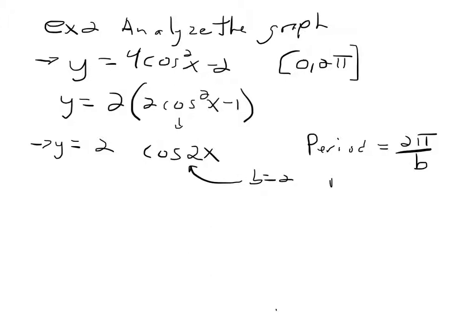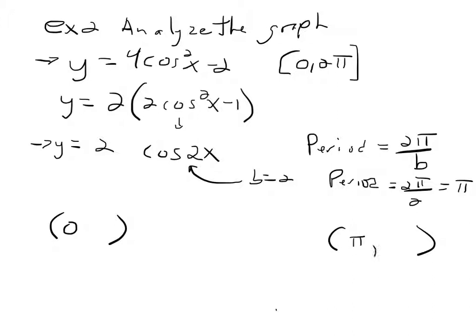So that means that my new period is 2 pi over 2, which is pi. So my first point occurs at 0. My last point occurs at pi. What's my amplitude? My amplitude is 2.